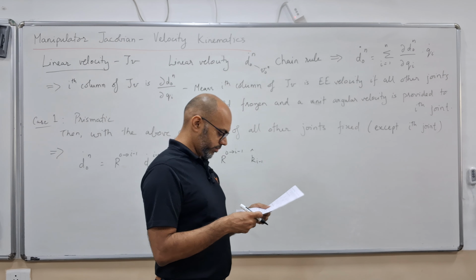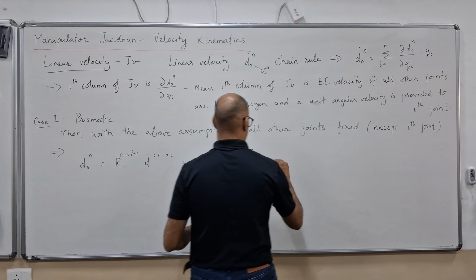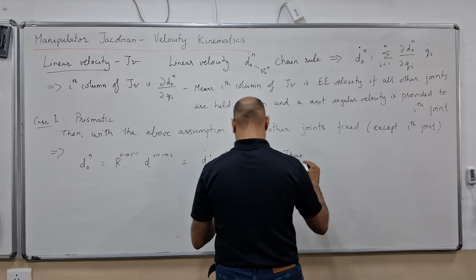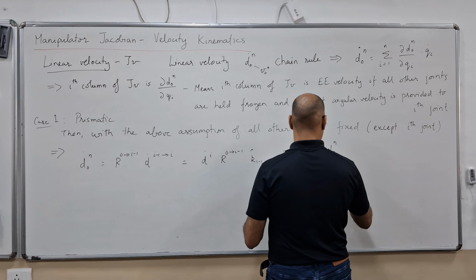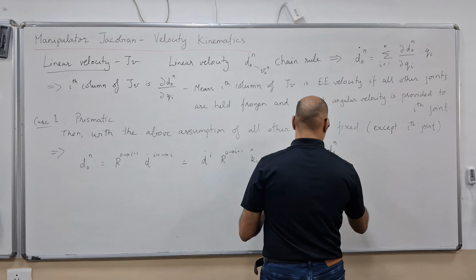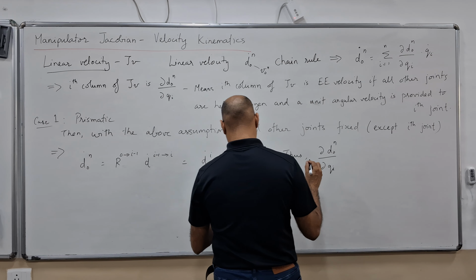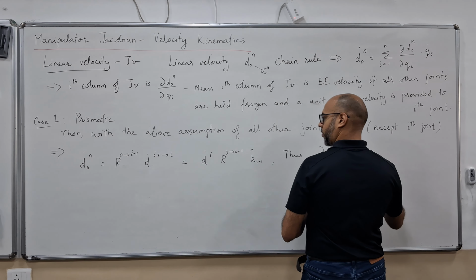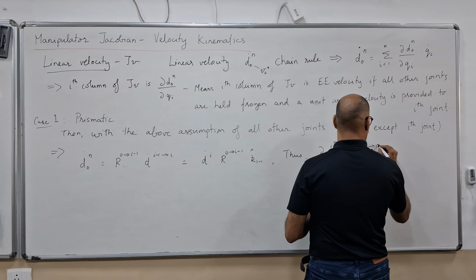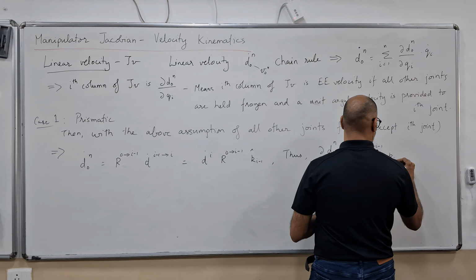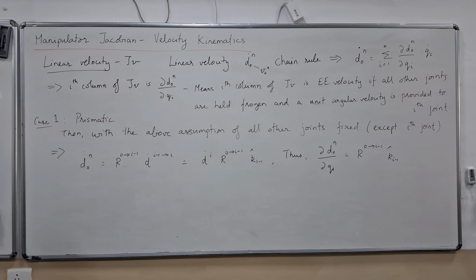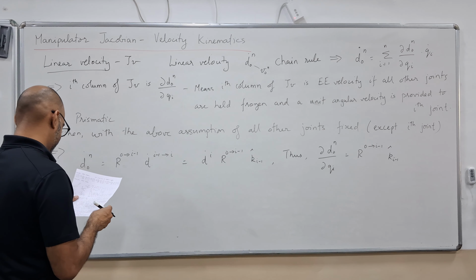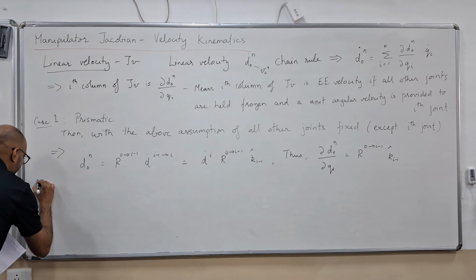So thus the partial of d0n with respect to qi is simply r0 to i minus 1 multiplied by ki minus 1. Okay, so that's easy. Now let's go to the second case.